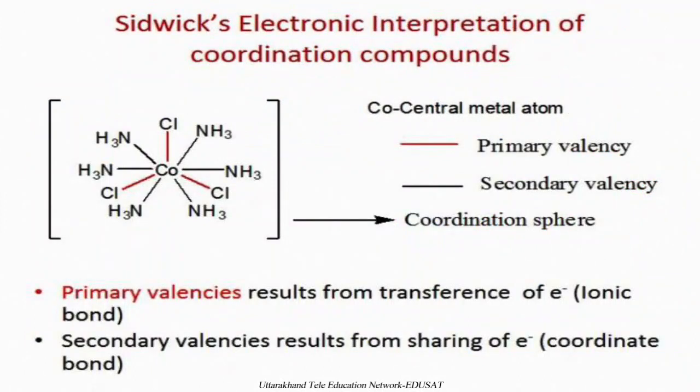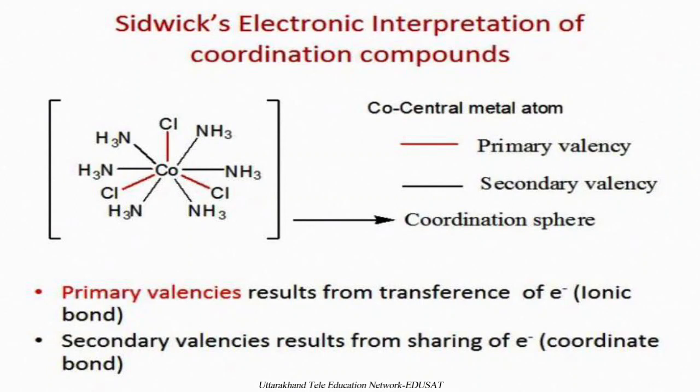Sidgwick also gave an electronic interpretation of coordination compounds, which is of immense importance. In a coordination sphere, the whole coordination compound can be described through this Sidgwick electronic interpretation. Here the centrally located atom is the central metal atom, that is cobalt.